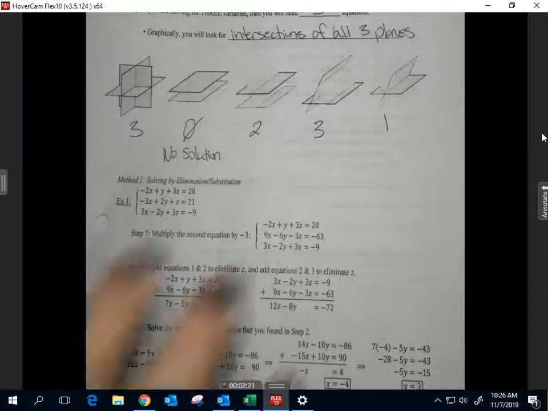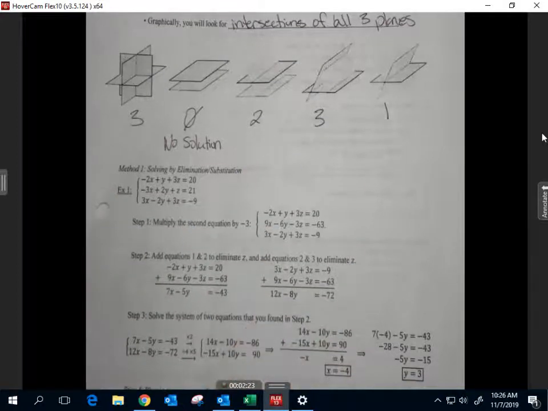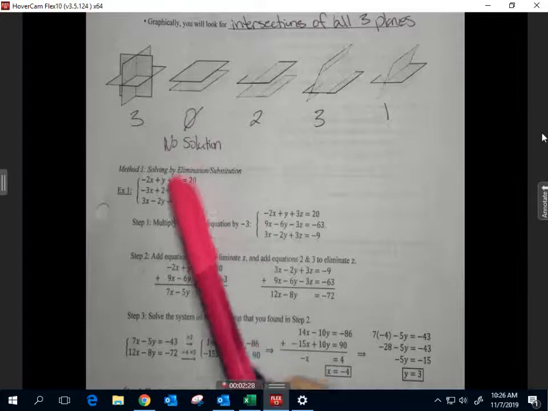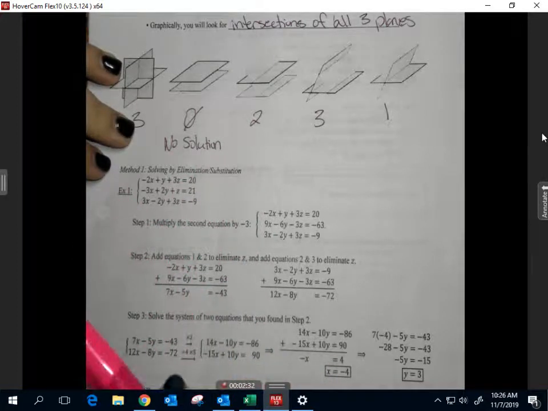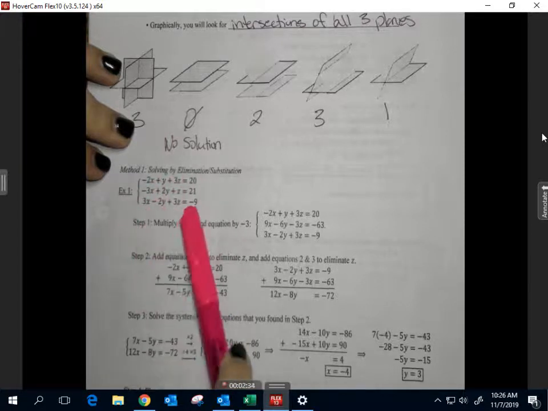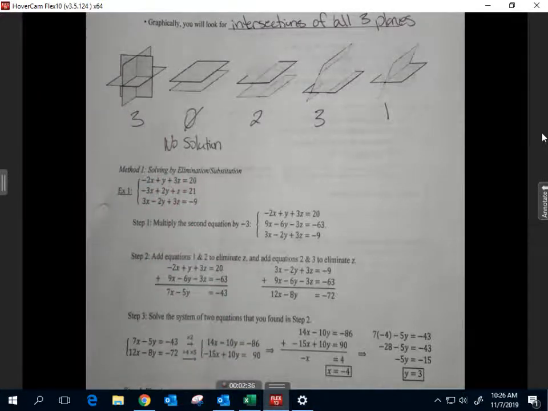But here's one example of using elimination and substitution. As you can see, now we're dealing with x, y, z, correct? And that's why we have 1, 2, 3 equations.